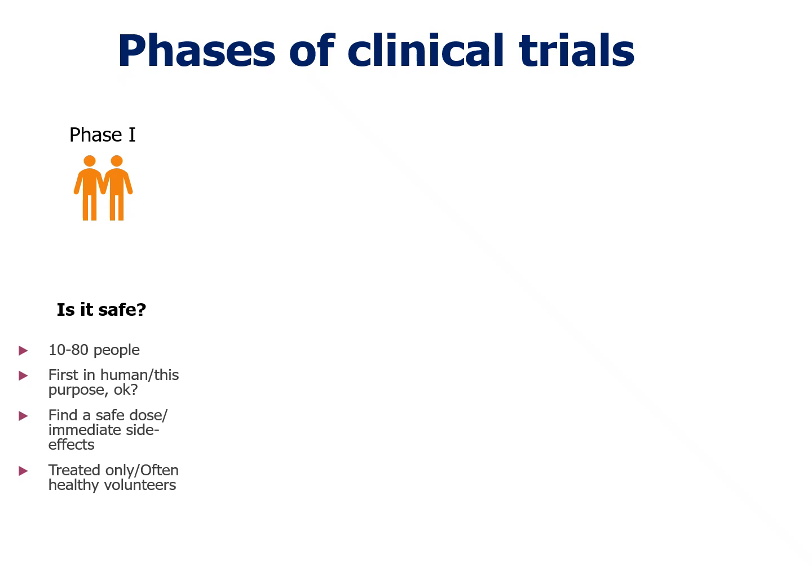It might be the first time that a drug or some other treatment has been used in a human. We're perhaps thinking about what's a safe dose, or at least are there immediate terrible side effects that might preclude progressing further. Often we're thinking about people who are getting treatment only, or healthy volunteers in this study.